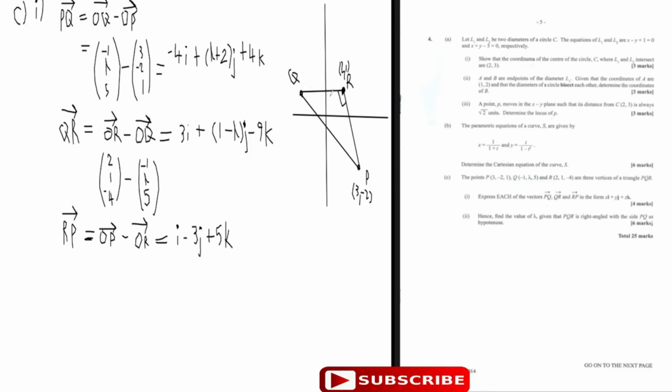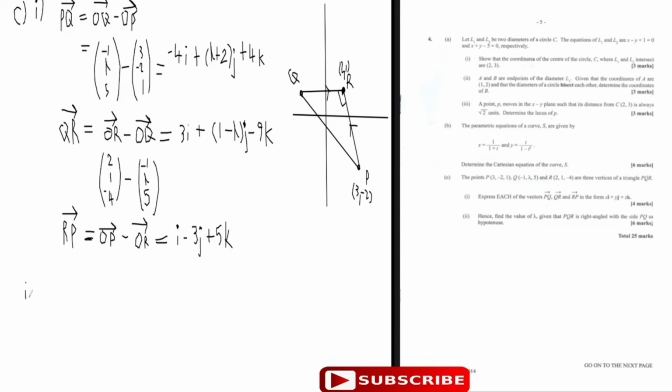To determine the value of lambda, since this is a right angle triangle, we know that the dot product is 0, because the angle at R is 90 degrees. So generally, since we have QR, QR dot PR must be equal to 0.